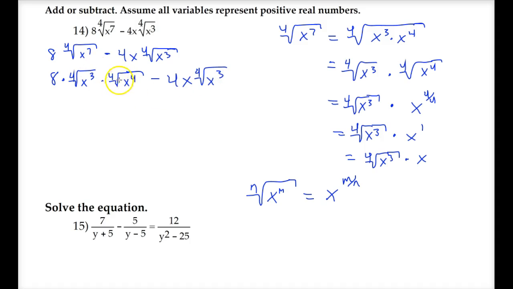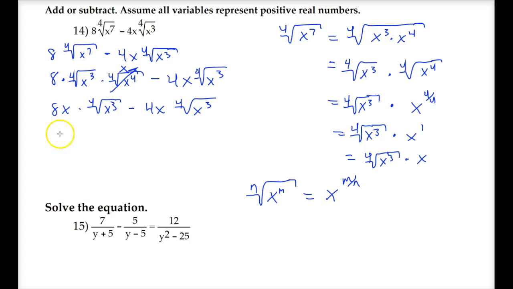And so now we know from what I've explained over here that this fourth root of x raised to the 4th, all that is just equal to x. So that'll be 8 times x times fourth root of x cubed minus 4x fourth root of x cubed.